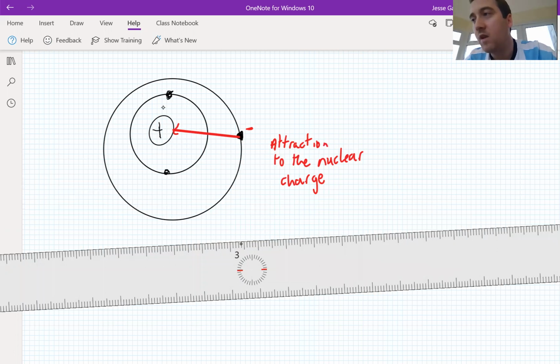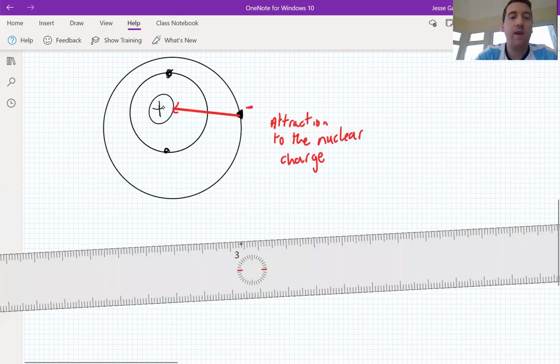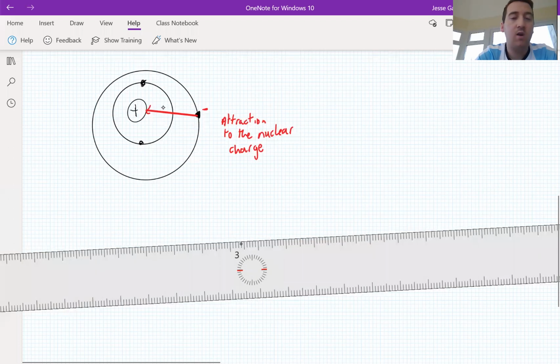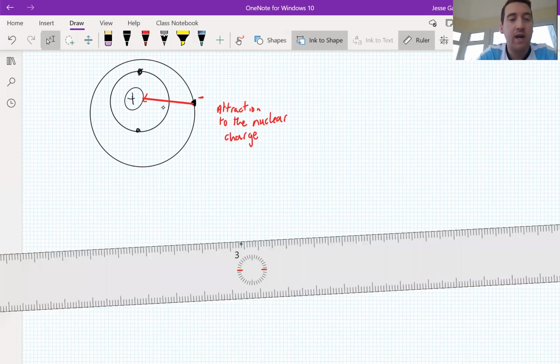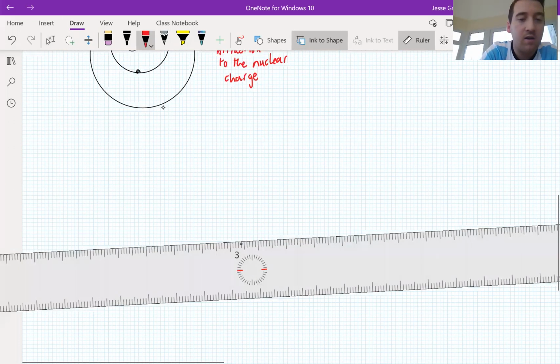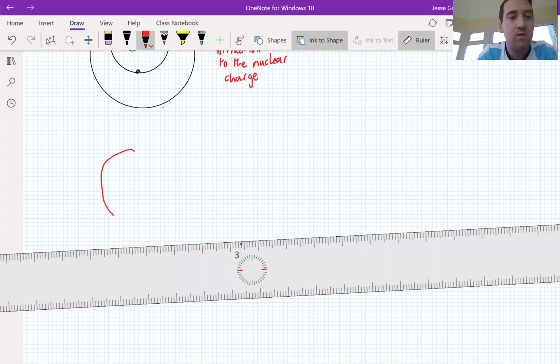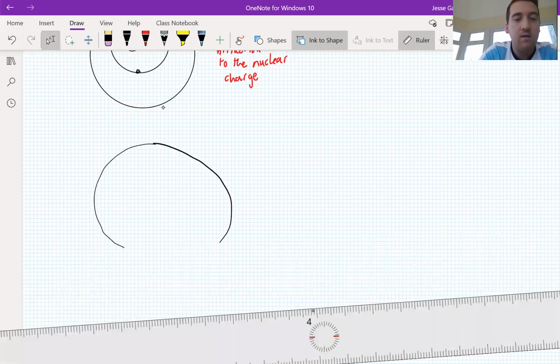However, when we look at a bigger atom, I'm just actually going to draw it out. So we have a bigger atom. So here's the outer shell.